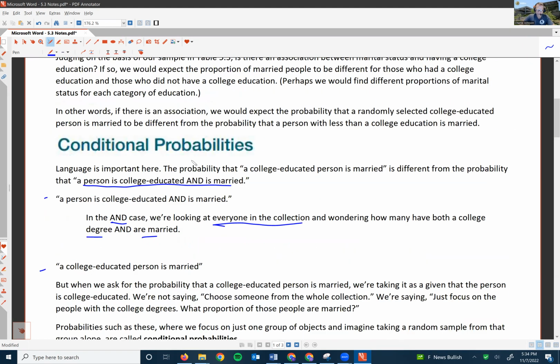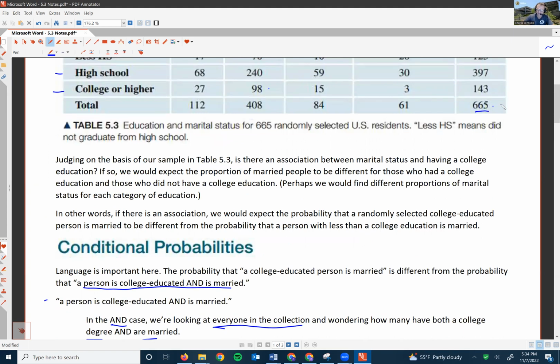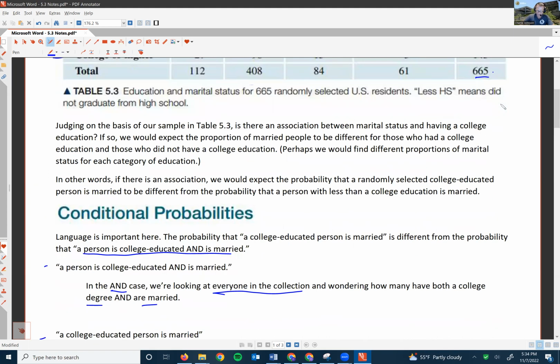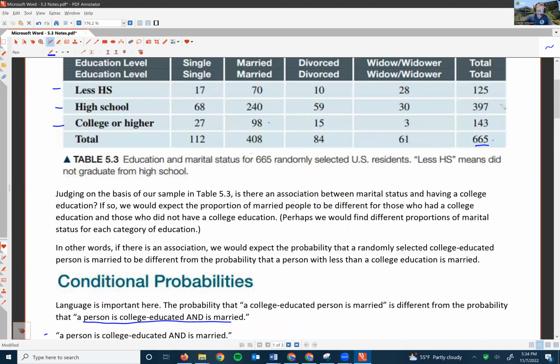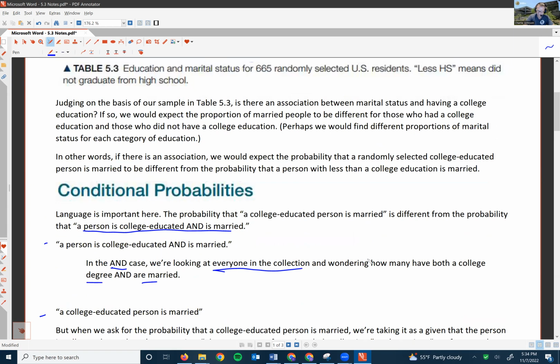So if we pick a random person from this collection out of the 665 people, we're looking for the people who are college educated and married. There's 98 out of the 665 people from the collection.